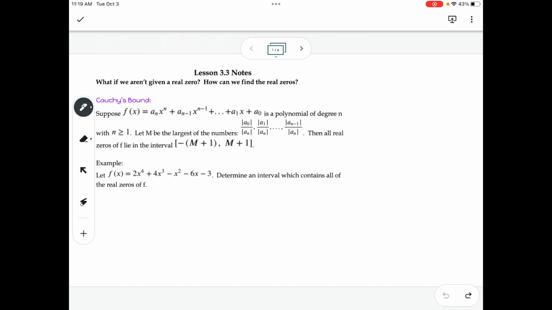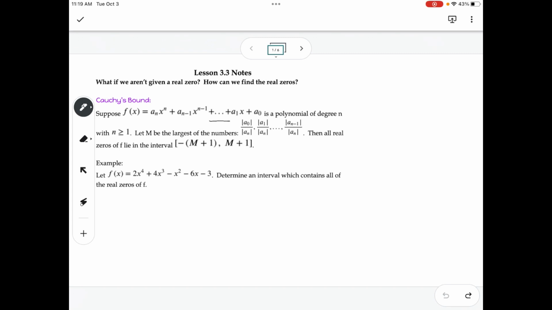So we've got Cauchy's bound here. This rule tells us where we could limit the interval in which the real zeros may lie. We're going to use the coefficients of the polynomial when written in descending order to identify what values we may look at.